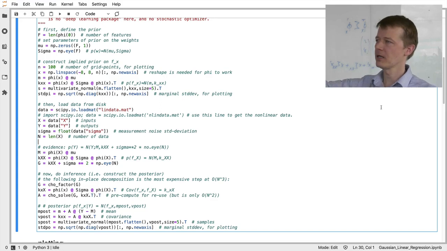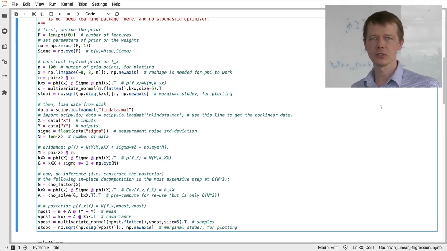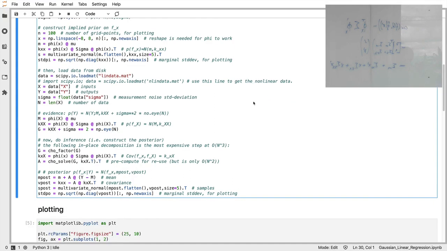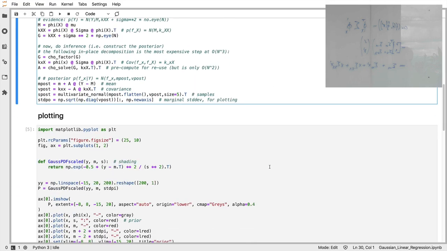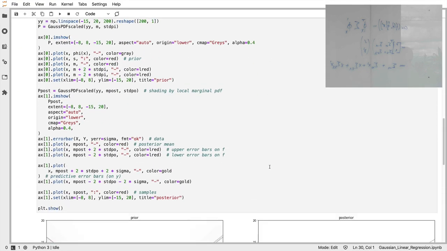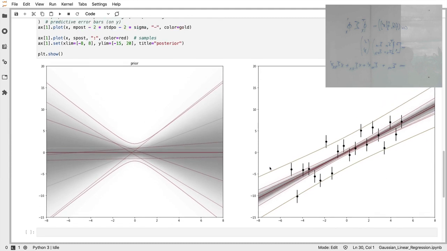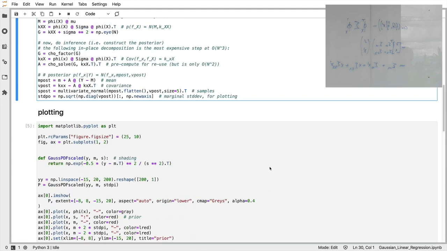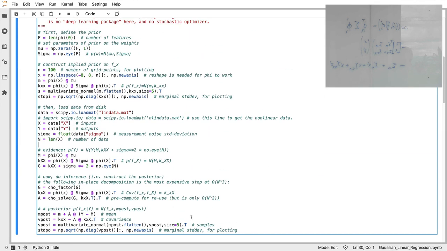Now, if you go further down on Ilias, if you look at this code, you'll find the code for creating the plots as well, but that's just a somewhat tedious bit of matplotlib foo. So this produces these plots, and it just reuses all the quantities we just computed and makes nice shiny pictures out of them. Other than that, that's all.